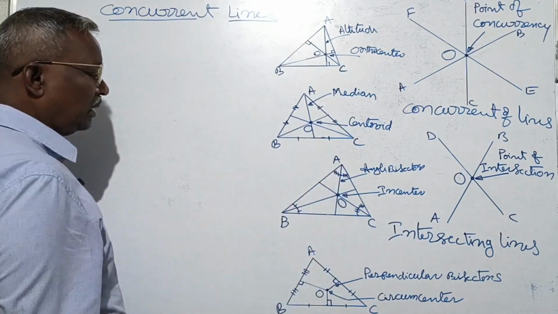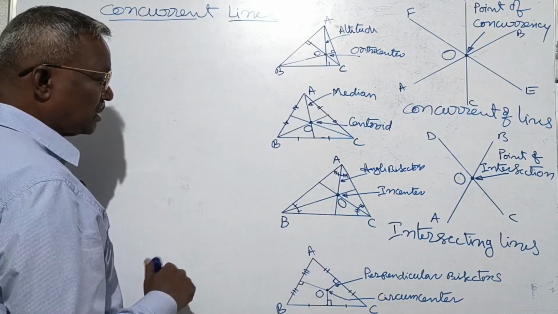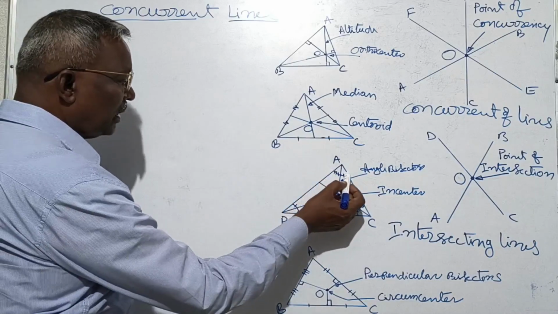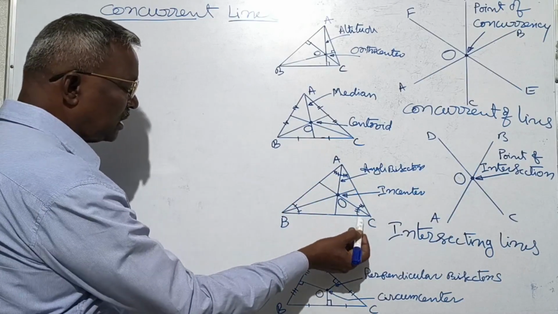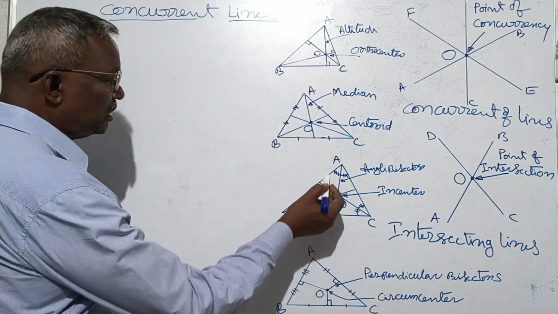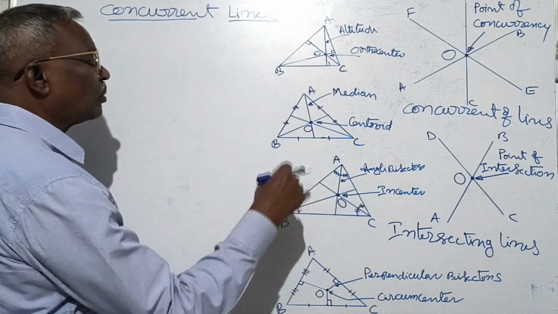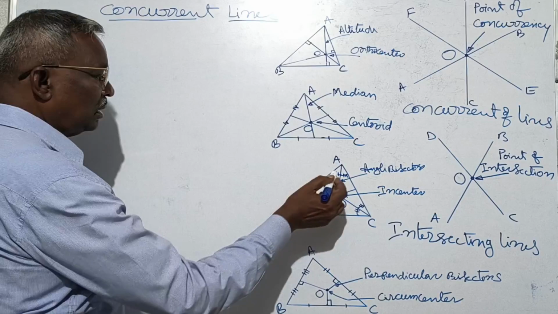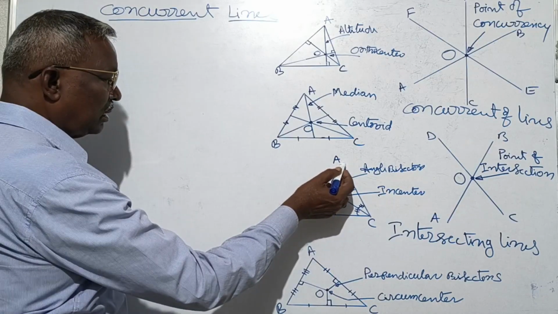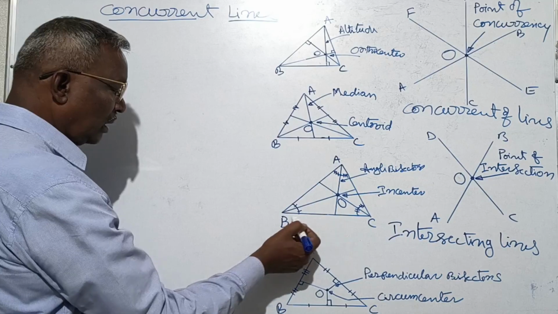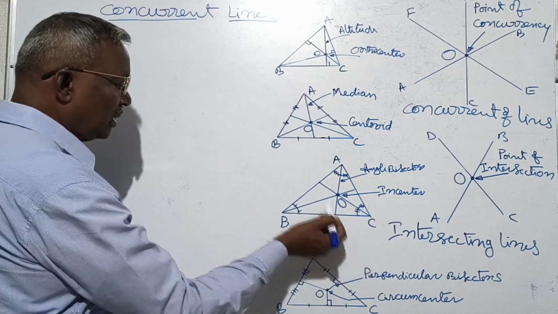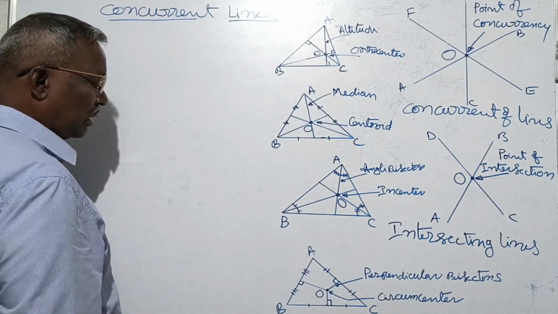In this triangle, consider the angle bisectors of angle A, angle B and angle C, whatever the angles may be. This angle is bisected and the bisector meets BC somewhere.